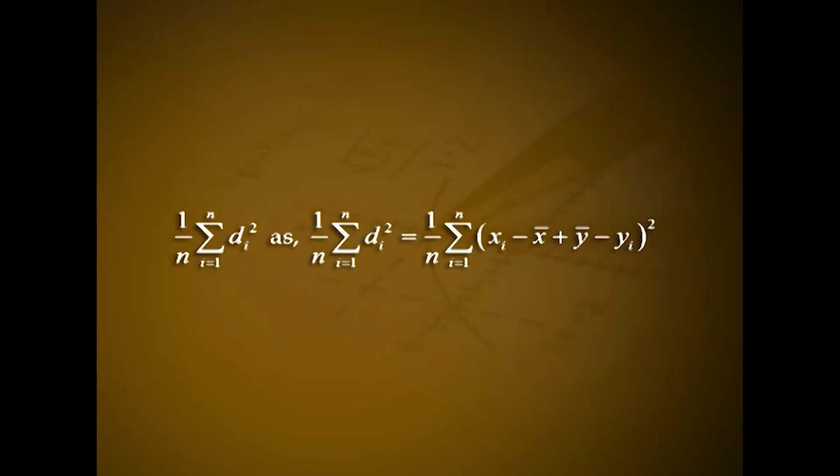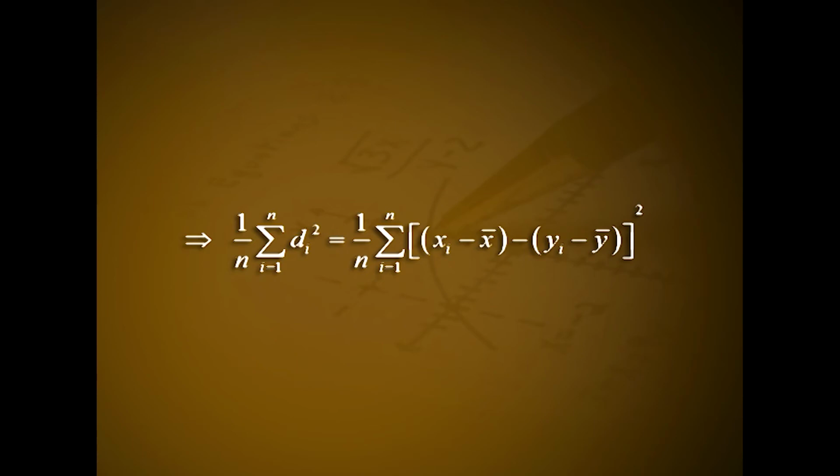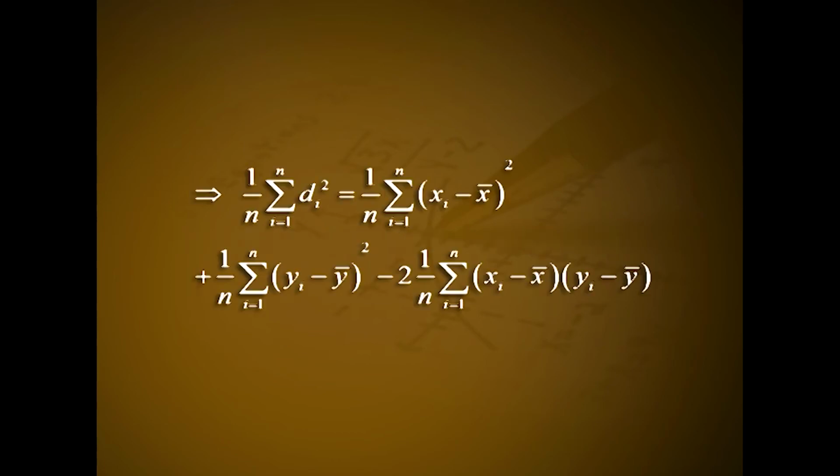Since x bar equal to y bar, we can rewrite this as 1 by n into summation over i from 1 to n xi minus x bar plus y bar minus yi the whole square. This implies 1 by n into summation of di square equal to 1 by n into summation xi minus x bar minus of yi minus y bar the whole square.